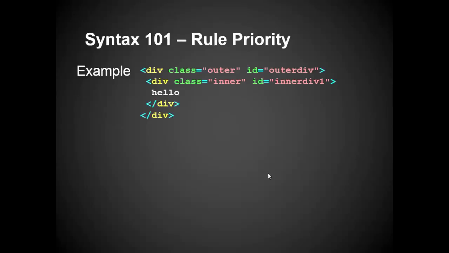Now the question here is, all of these elements have style, meaning we have classes defined and even the IDs have style associated. What is the order of the styles going to be applied to the text? I'll give you a couple of seconds to think about it, and please write it down.